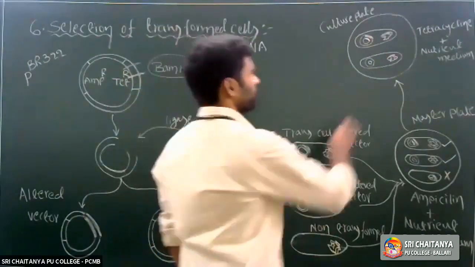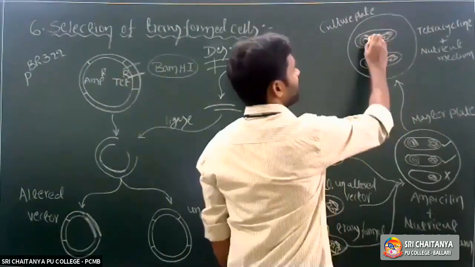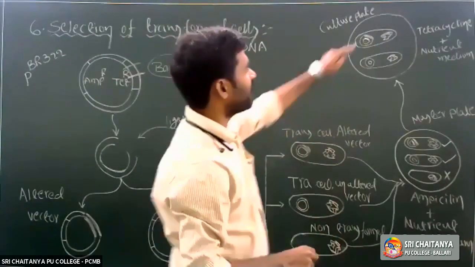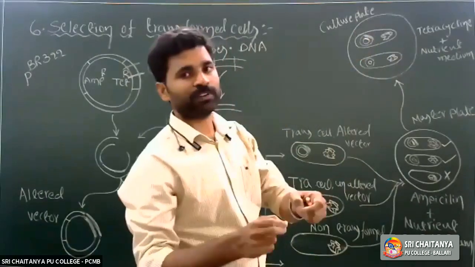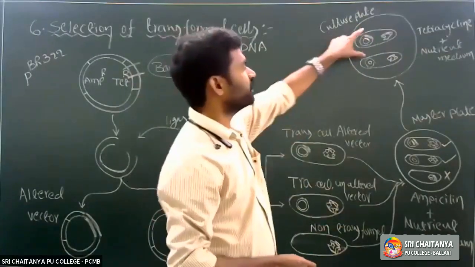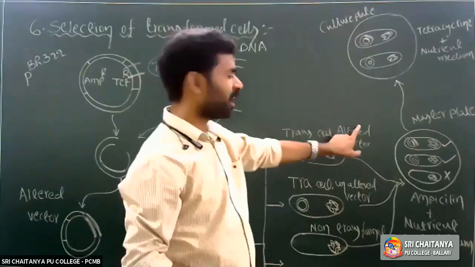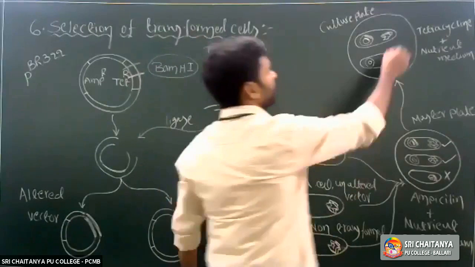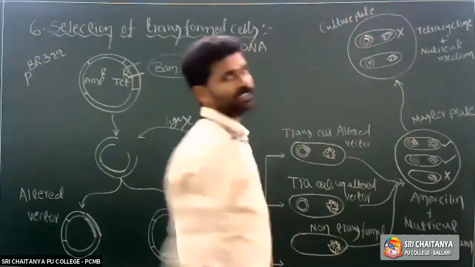Come to here. See, the first one. It has an insert at the place of the tetracycline resistant gene. It means the tetracycline resistant capacity is completely decreased in the first type of bacterial cell. That is the transformed cell with an altered vector. So these bacterial cells are completely eliminated from the culture plates.